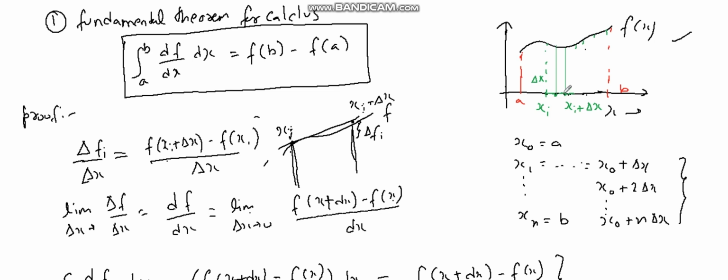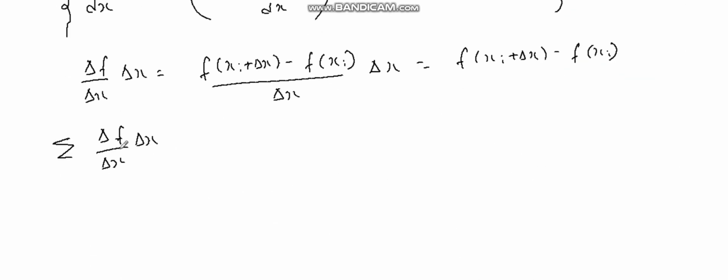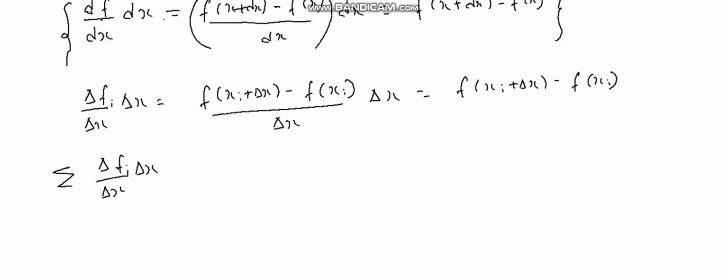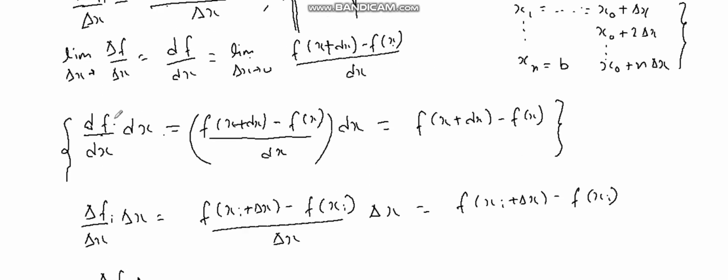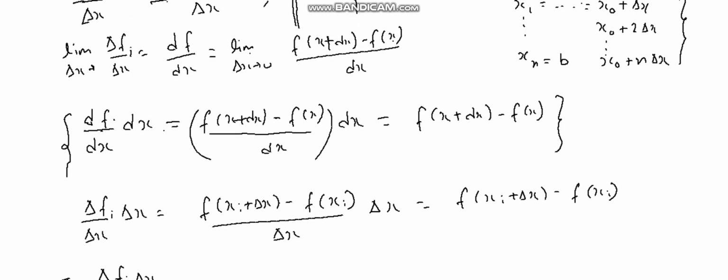This delta x is the same for all locations of x, but this delta fi may not be the same for all locations of x. So one thing that I should add initially is that this is going to be delta fi, not here.